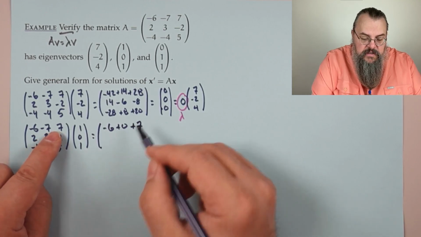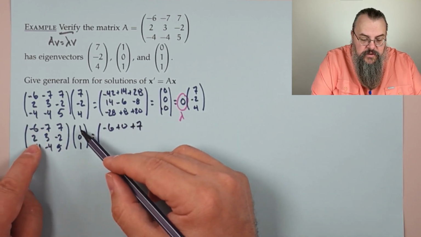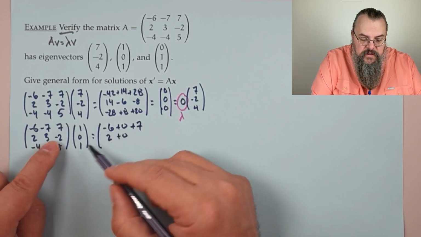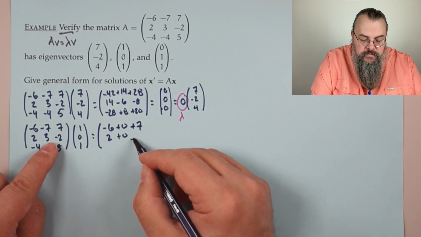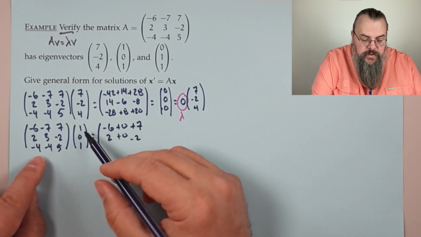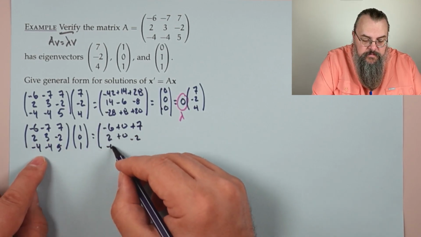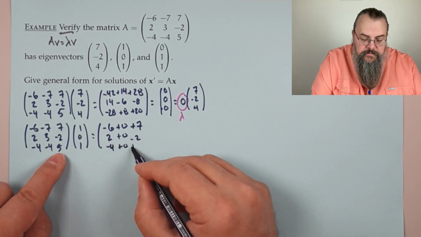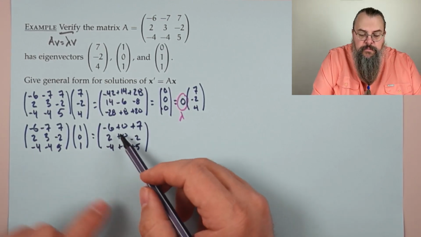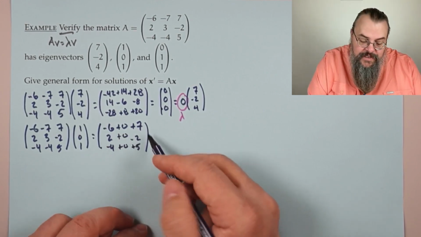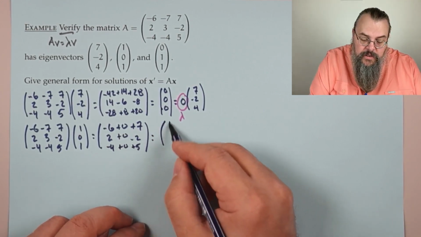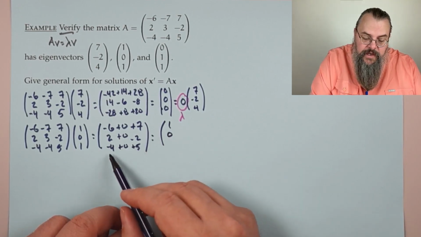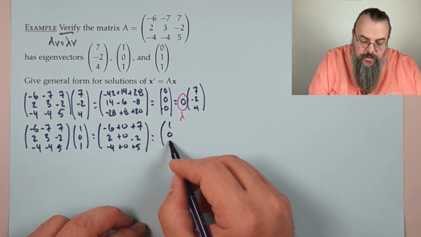Next one, 2 plus 0 minus 2. Last one, minus 4 plus 0 plus 5. Minus 6 plus 0 plus 7 is 1. 2 plus 0 minus 2 is 0. Minus 4 plus 0 plus 5 is 1.